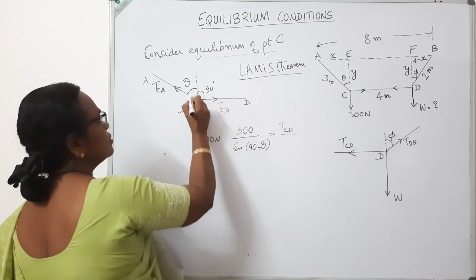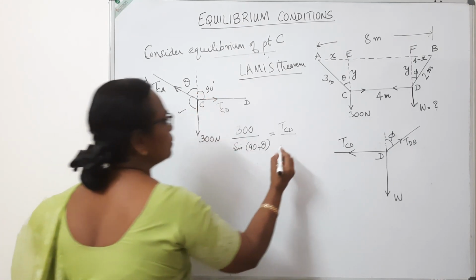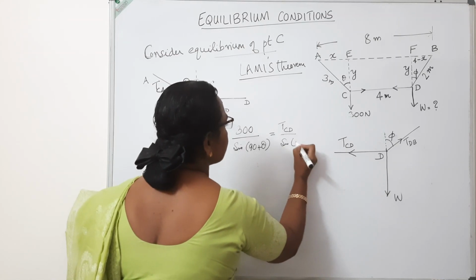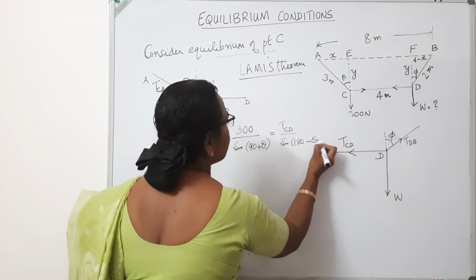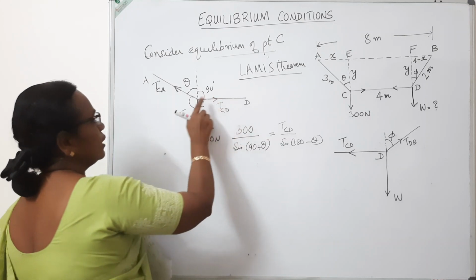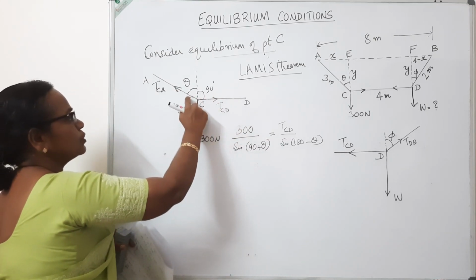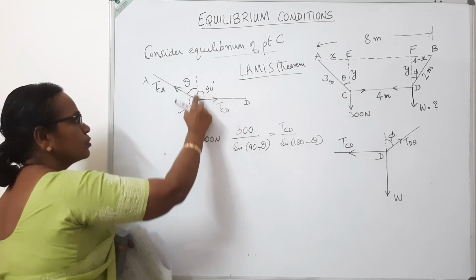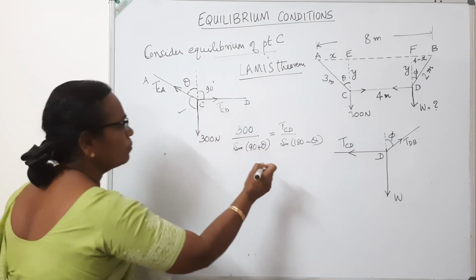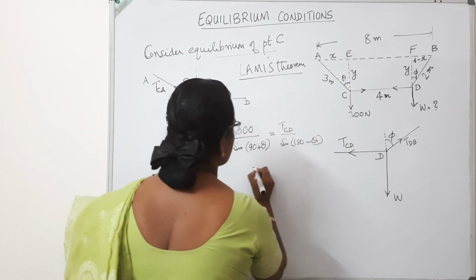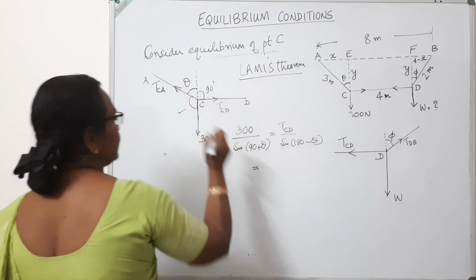This is theta, so this angle is going to be 180 minus theta. That is equal to TCA.